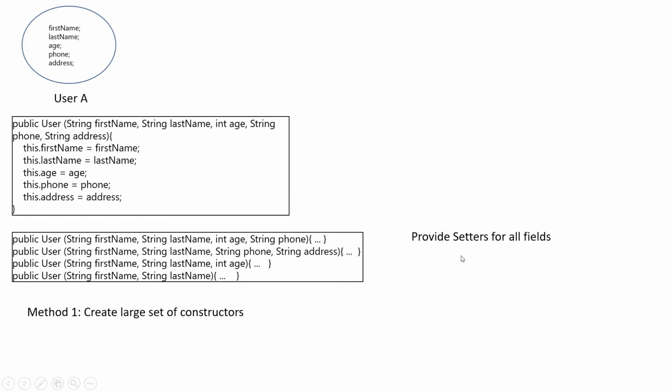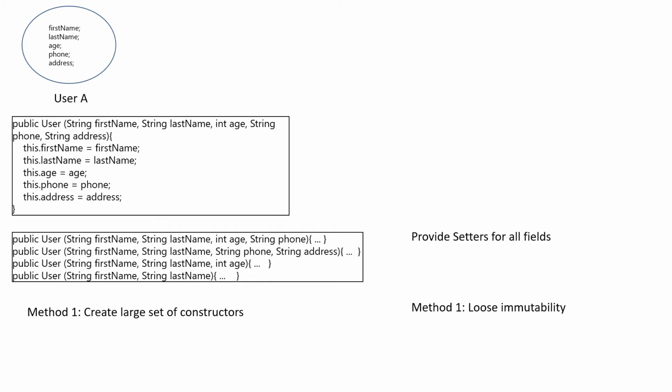But in this way, you are going to lose your immutability. So you cannot create an immutable object if you provide a setter for all the parameters, right? Because once you create the object, you should not be able to change the value. But if you provide the setter for all the fields, the value can be changed anywhere in the program and that will not be an immutable object.